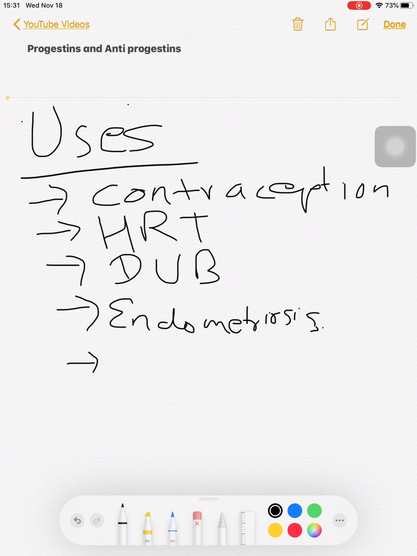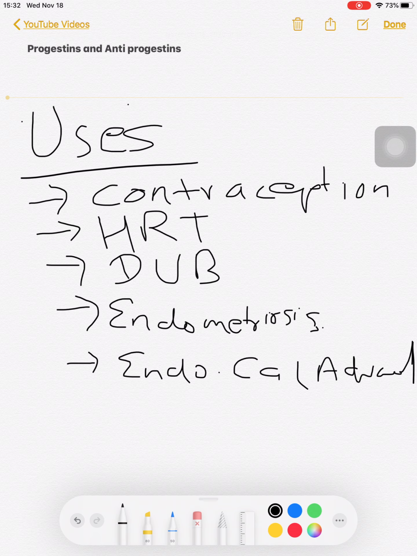The fifth point is in advanced metastatic endometrial carcinoma. And the last one is postponement of periods.